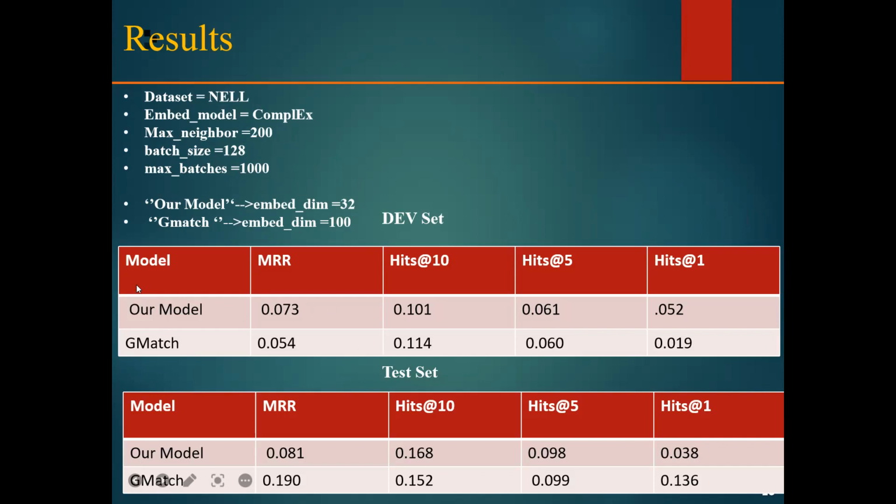This is the result compared to the GMatching model. Our model is very near. If we compare it with the mean reciprocal rank, it has higher performance than GMatching, but this is first for the development set.